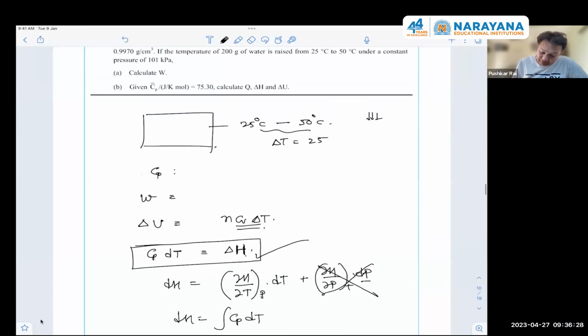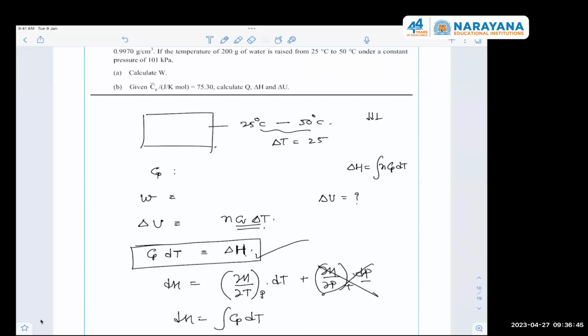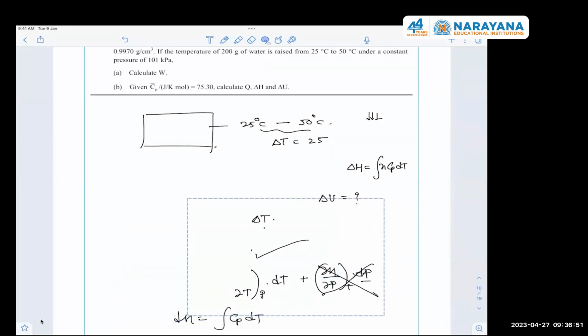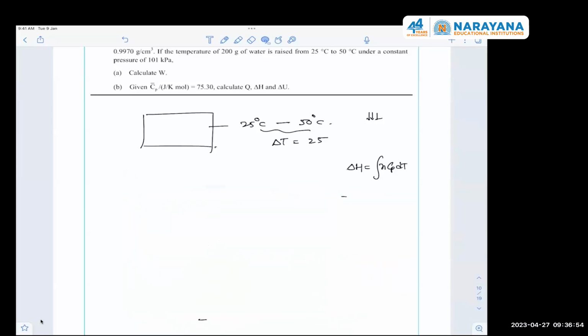So this delta H can be easily calculated: n Cp dT integral. What about delta U? How to calculate this? Delta H minus (P2 V2 minus P1 V1). But you don't know P1 V1, P2 V2. Pressure is given, from alpha we will get delta V from there.